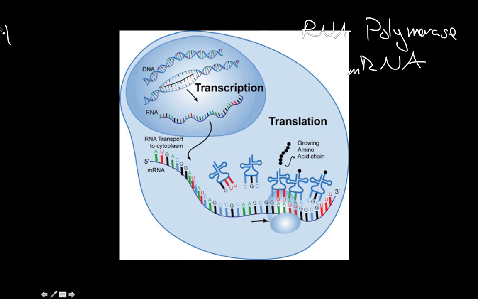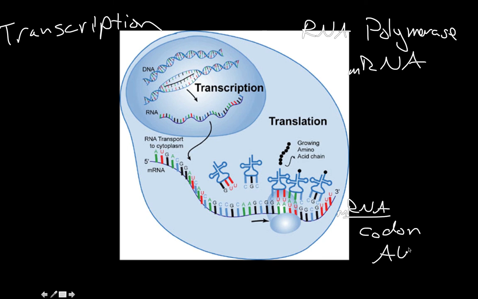Remember, that process is called transcription. After transcription has happened, the mRNA strand will leave the nucleus and go out to the ribosome, where the ribosome will read in groups of 3 base sequences of the mRNA, which is called a codon.